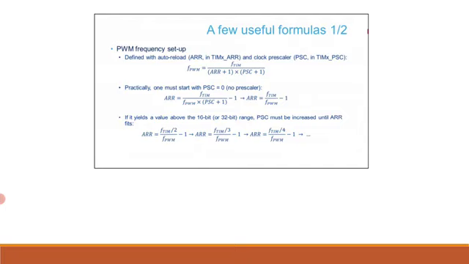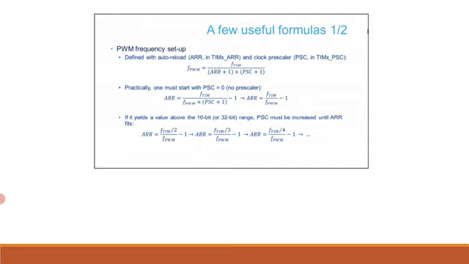The second formula. If this equation yields an ARR value above the timer's ARR range, either a 16-bit or a 32-bit value depending on the selected timer, the computation must be redone with a higher prescaler value with the following sequence: an ARR value equal to the timer clock frequency divided by 2 over the PWM frequency, the whole minus 1.